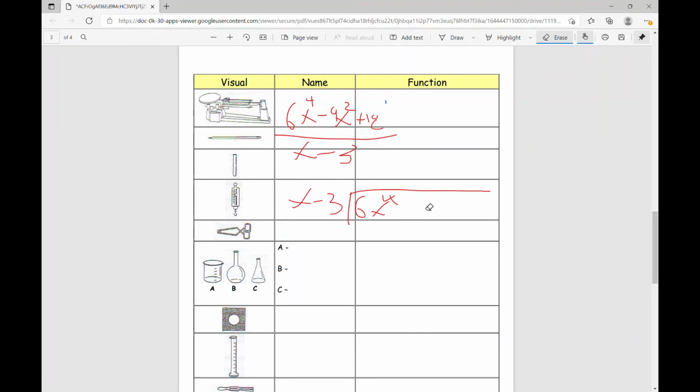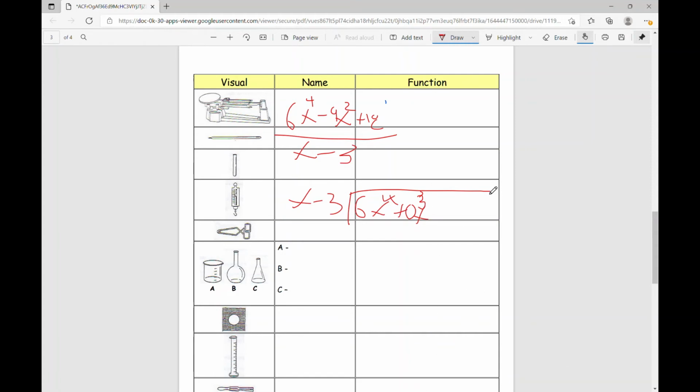However, we are missing some terms. We don't have an x cubed in here, and we don't have x to the first, or simply x. So we need to replace those with 0x cubed and 0x. Whenever you have a polynomial with missing terms, you must add a placeholder for that degree term.